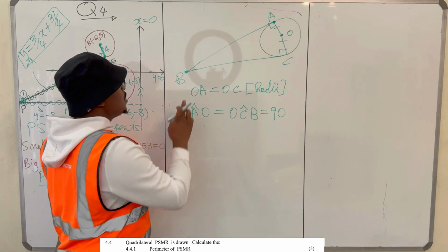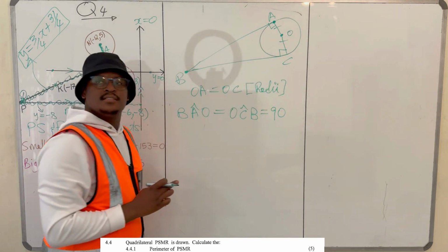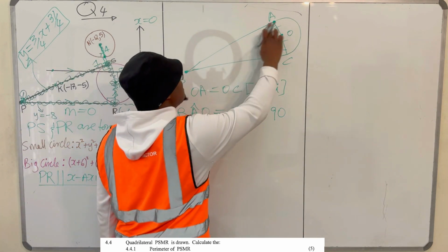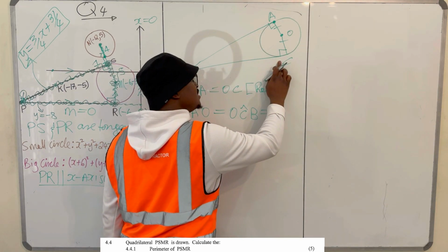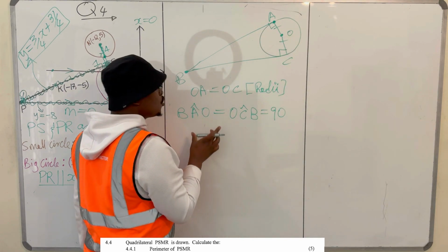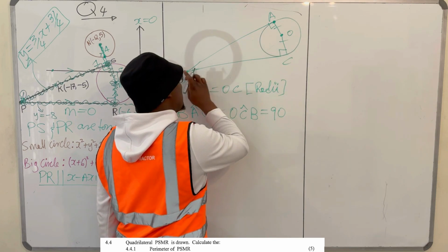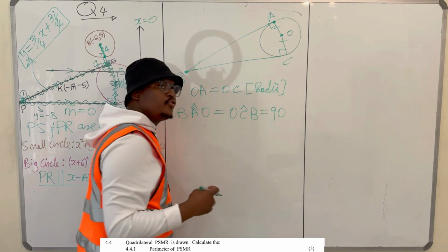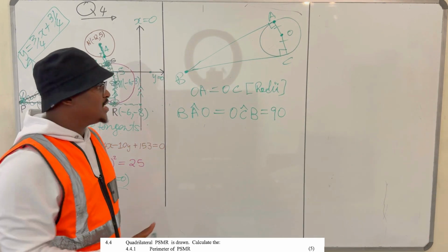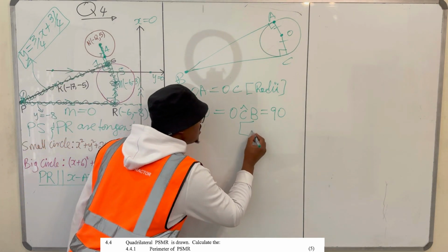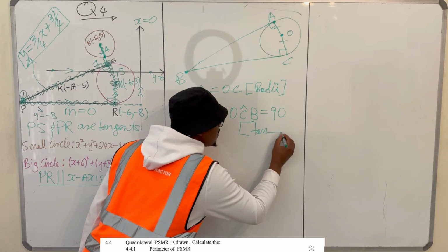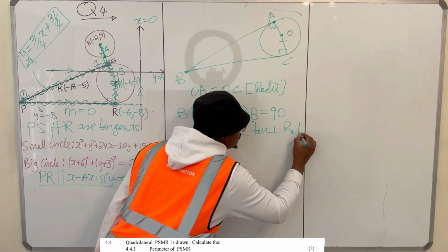Why do you say that? These two are tangents, right? BA is a tangent, BC is a tangent. The tangent is perpendicular to the radius. So if the tangent is perpendicular to the radius, the angle formed by the tangent and the radius should be 90 degrees, which is this. So you say that the tangent is perpendicular to what? To the radius.